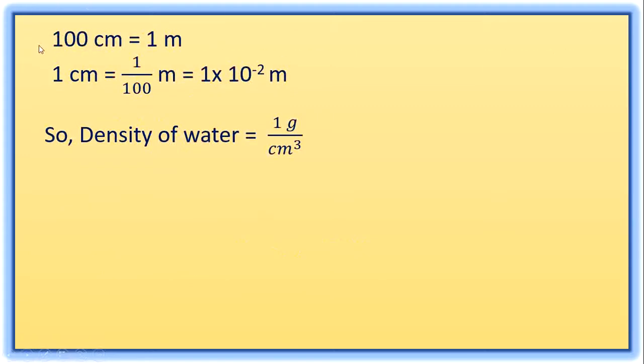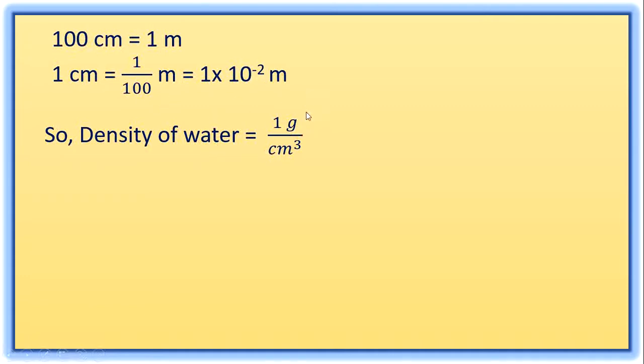Now, convert the centimeter into meter. 100 centimeter is equal to 1 meter. So 1 centimeter is equal to 1 by 100 meter. Now bring this denominator value to the numerator. So we get 1 into 10 power minus 2 meter. So density of water is equal to 1 gram by centimeter cube, that is 1 gram centimeter^-3.